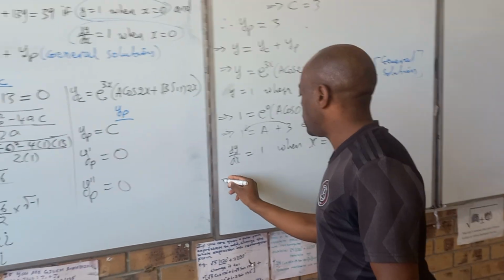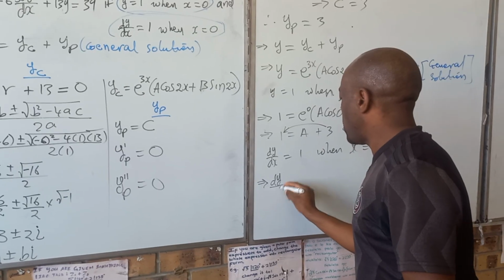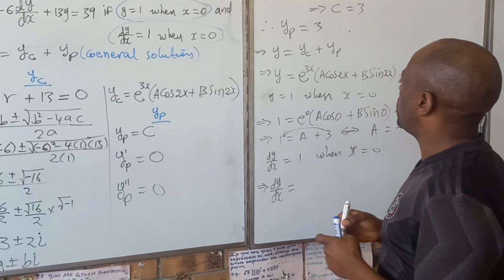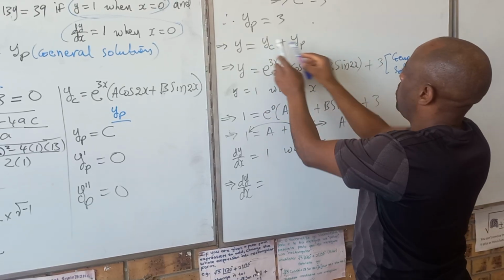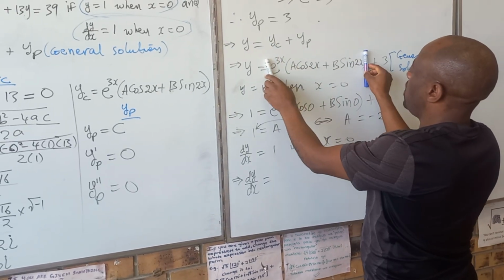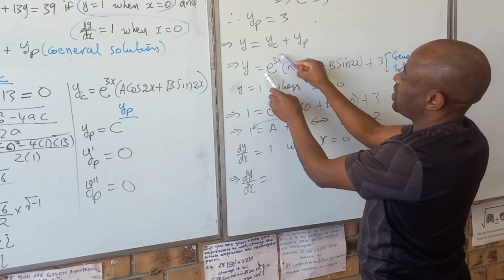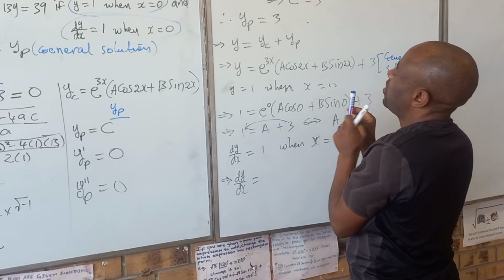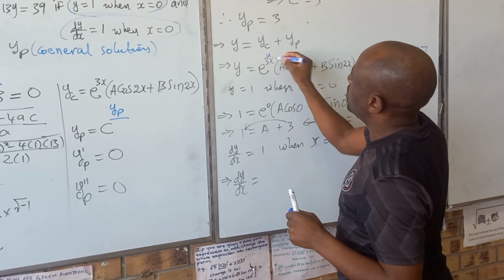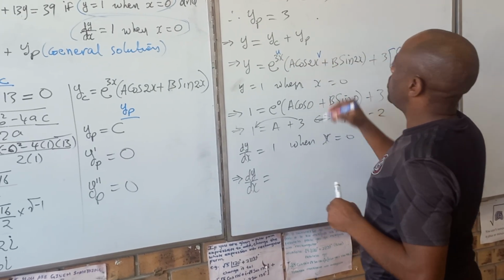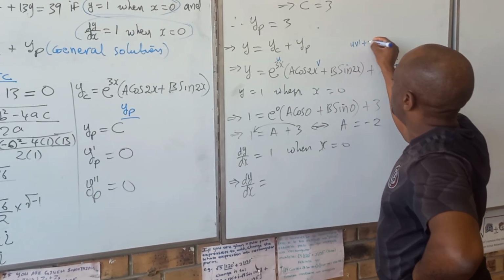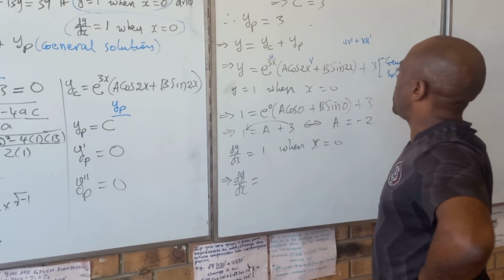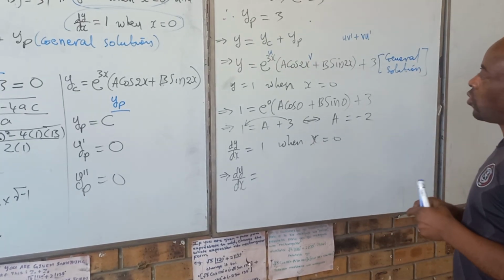So I'm going to differentiate there. dy over dx is equal to, don't forget, the general solution is made up of yc plus yp. yc is a product of two functions, exponential and trigonometry. So I must use the product rule. Choose one as u, the other one as v, and I will differentiate using u v prime plus v u prime. That's what we call the product rule.